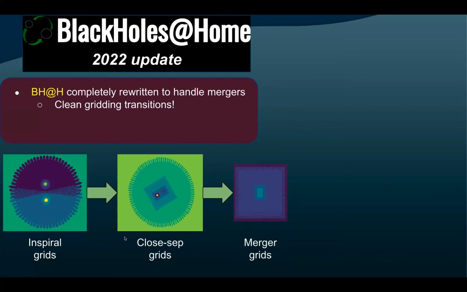You also see spherical inside spherical, which is in the close separation. You see sort of the darker blue and the lighter green. That's in close separation, the middle one. Yeah, so there you see a spherical inside a spherical. The outer green one is actually spherical as well. That's another algorithm that I coded up.